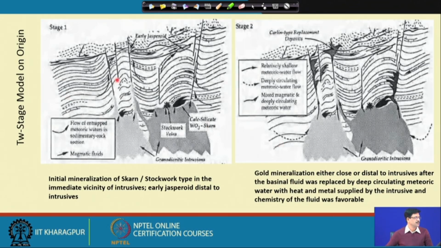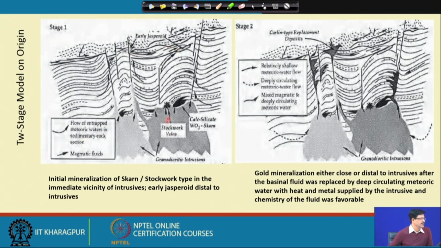These two diagrams depict the sequence, the model, the hypothesis on the origin of the Carlin type gold deposits. As you could see here, it is a very intricately deformed sedimentary basin where there have been very high angle normal faults, and these are the domains in which the early replacement of the carbonaceous rocks by silica and jasperoid replacements took place.